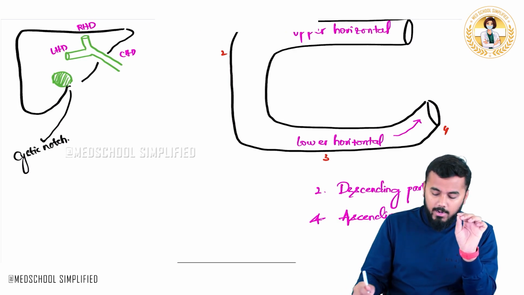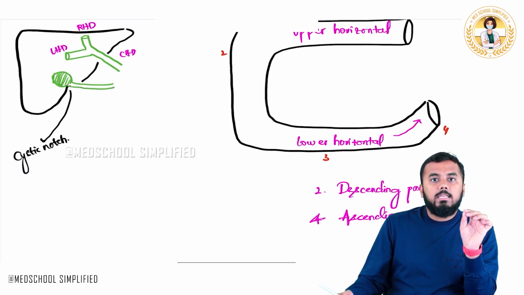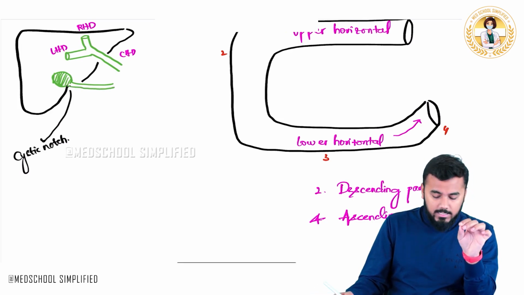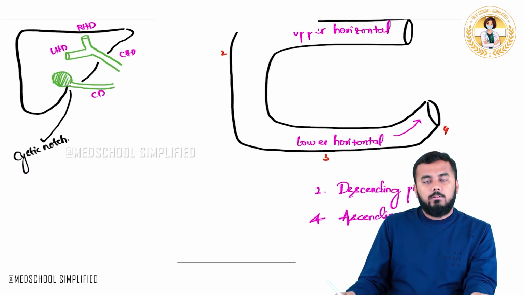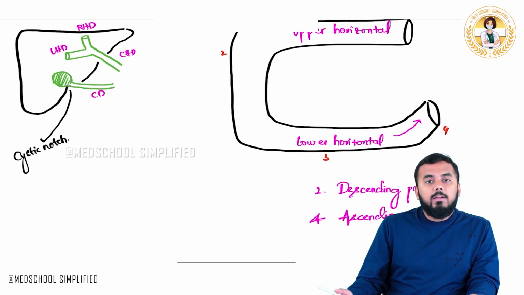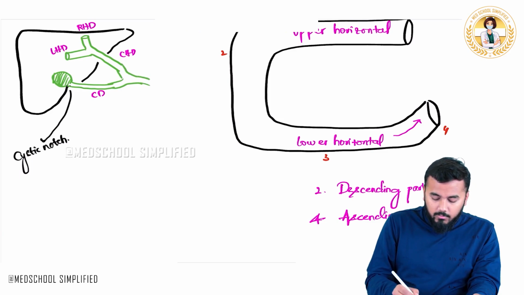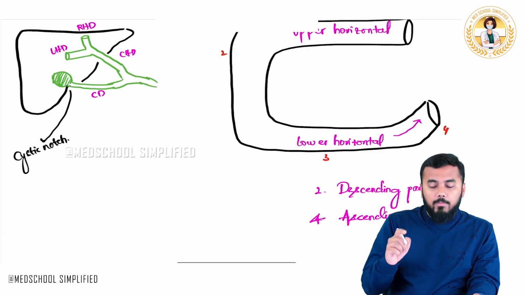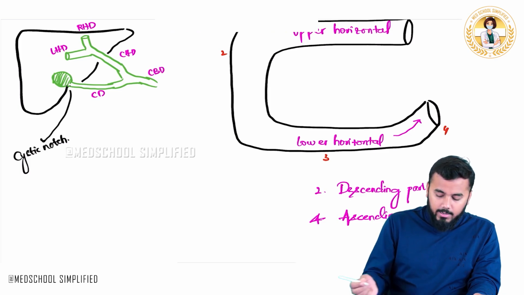Yes, the duct which is coming out of the gallbladder is called as cystic duct. So common hepatic duct and cystic duct together join and form the bile duct. What is this bile duct called as? Common bile duct.